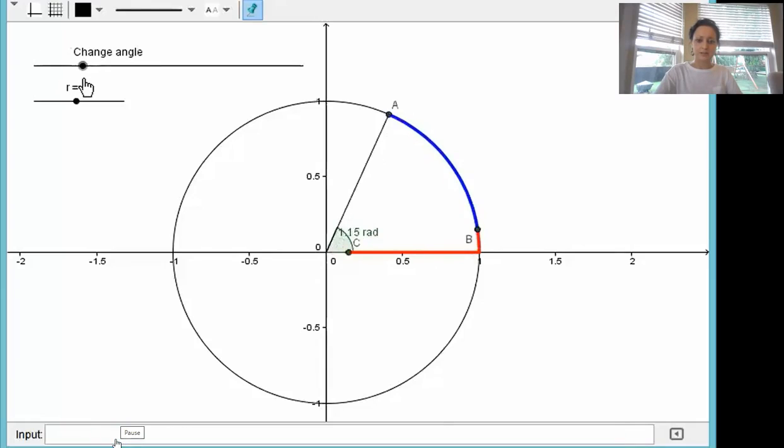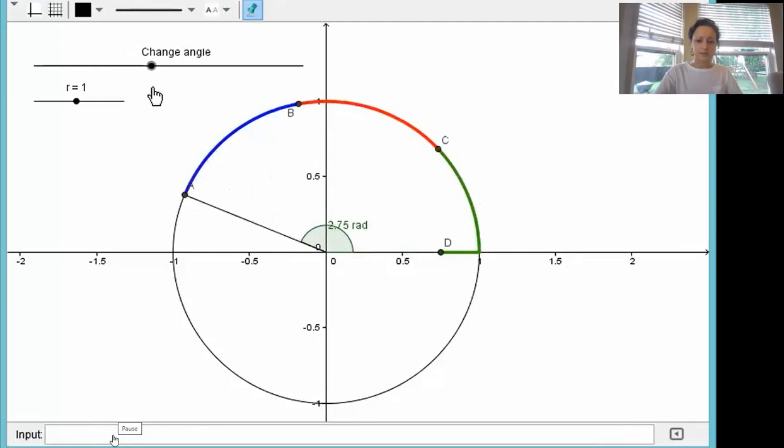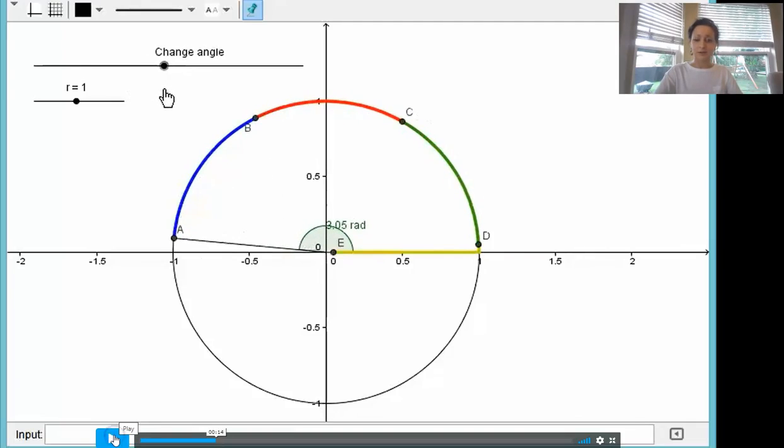Let's drag another one. Here's the second one. You can see it lands in the second quadrant there. So here's the 3rd one. We're not quite to half the rotation yet. We're at about 3.05. Any idea where I would need to be to make that half rotation?